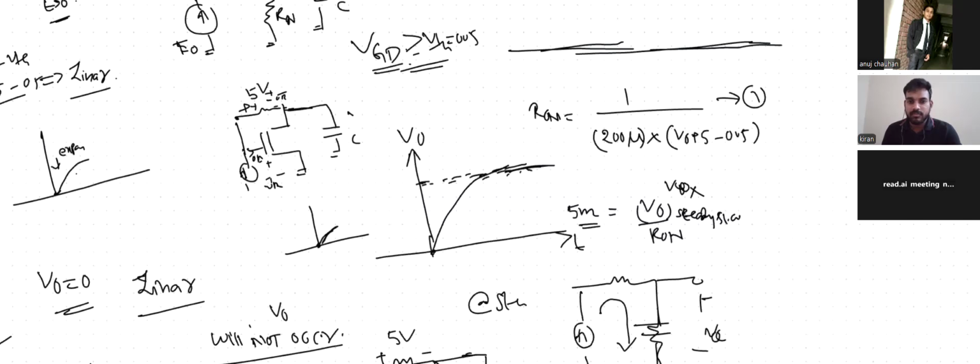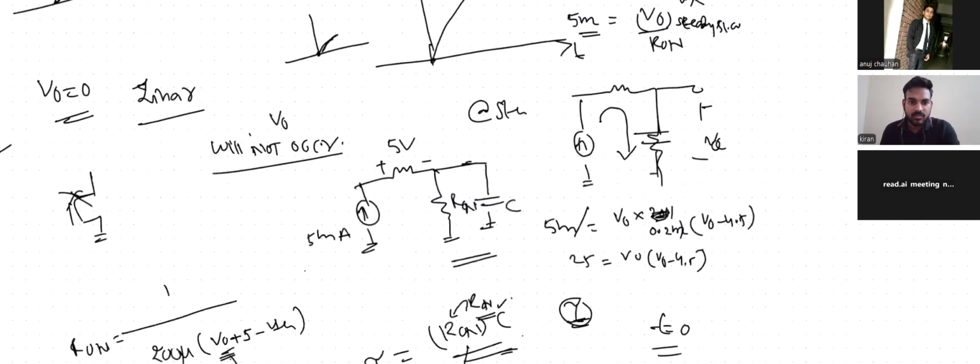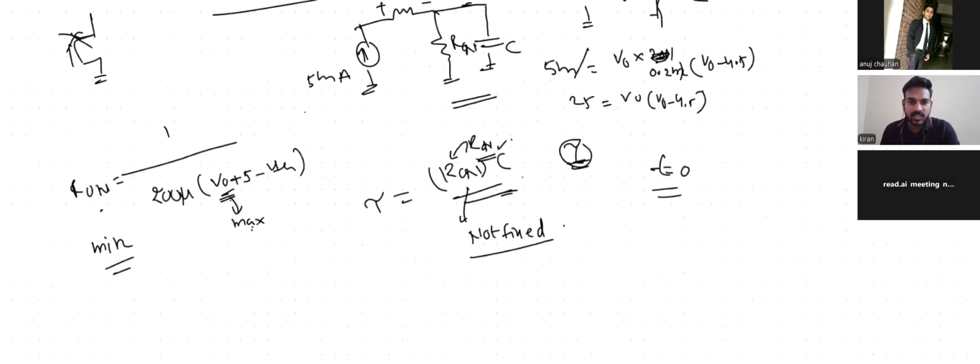So what is the exact expression for R on? With the current equation, Id equals W by L times (Vgs minus Vth) into Vds minus Vds square by 2.